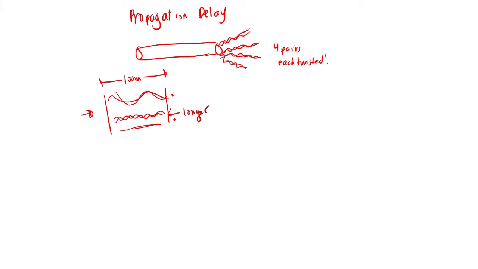So we're allowed to have some propagation delay. And there's a formula which is the delay is equal to 534 plus 36 divided by the square root of the frequency. Sorry, the frequency is measured in megahertz, and the delay is measured in nanoseconds per 100 meters.